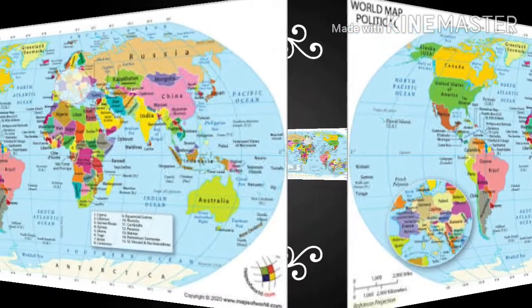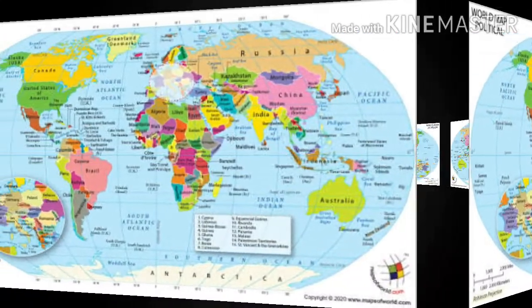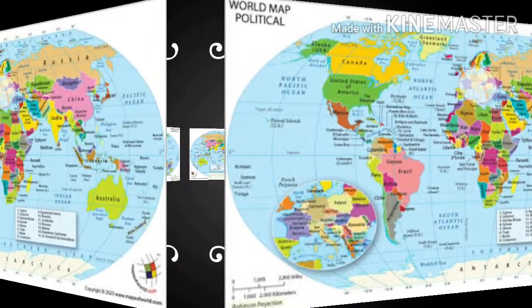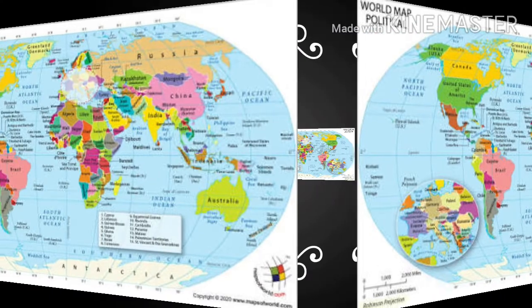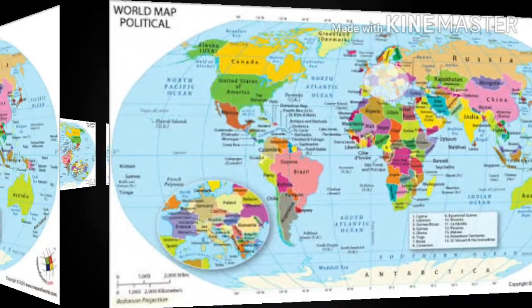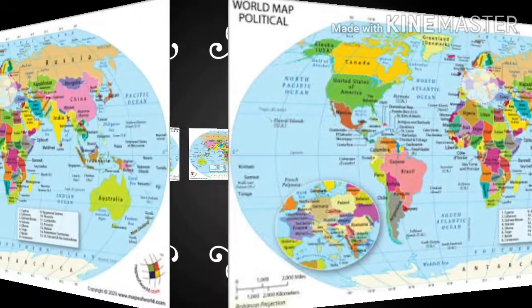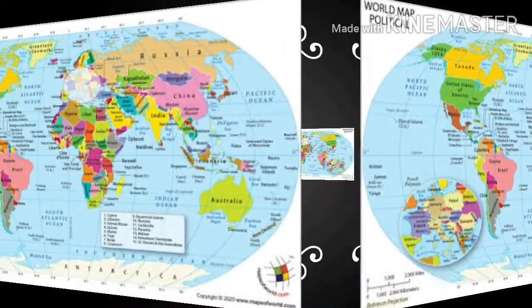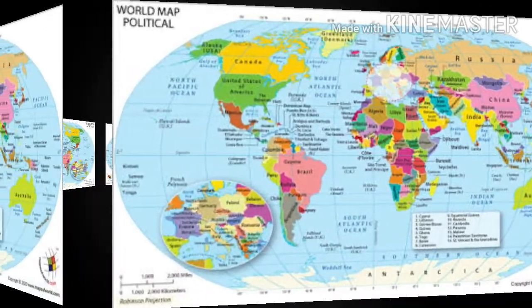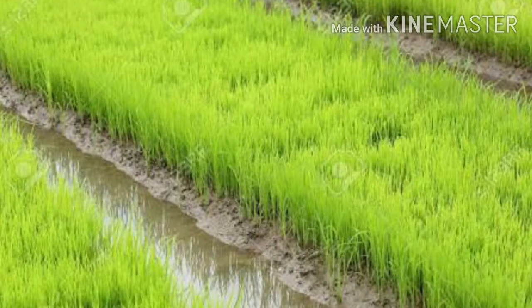Next we come to another concept, that is the atlas map. An atlas map is a collection of maps. In an atlas map we will get different information regarding hills, climate, soil, culture of the people, cultivation of the people, etc. So in an atlas map we can learn different features of a particular place.